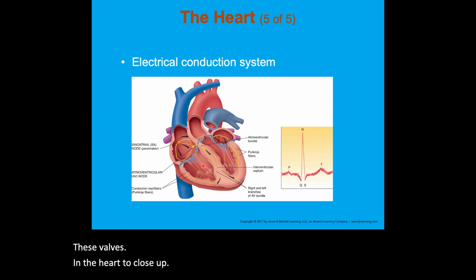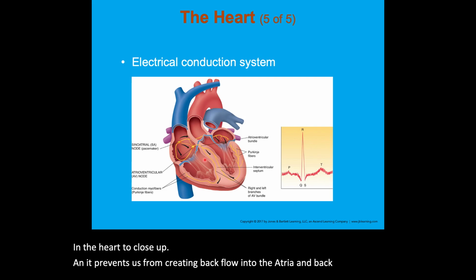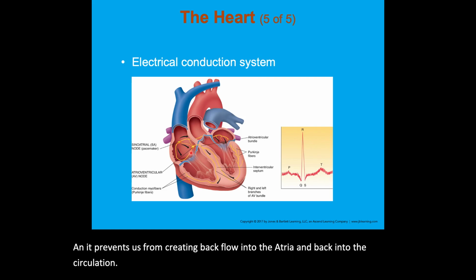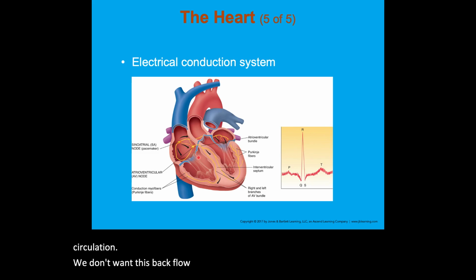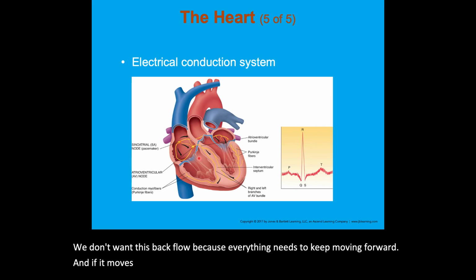And it prevents us from creating backflow into the atria and back into the circulation. We don't want this backflow because everything needs to keep moving forward. And if it moves back, then we lose the functionality of our heart.